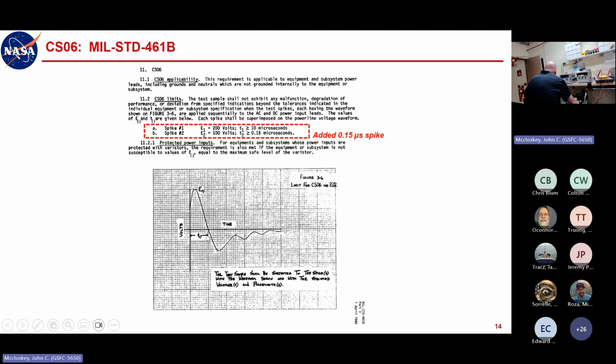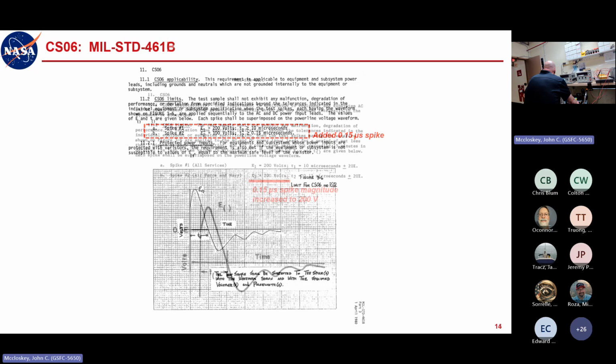It's still a 10 microsecond pulse as the primary one. They added the 150 nanosecond pulse, but here the magnitude for the 10 microsecond spike is 200 volts. They just say 200 volts, and then for the 150 nanosecond spike, it's 100 volts.